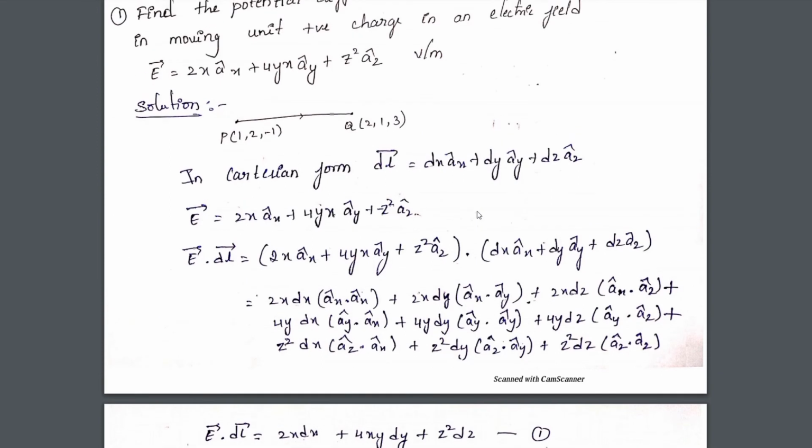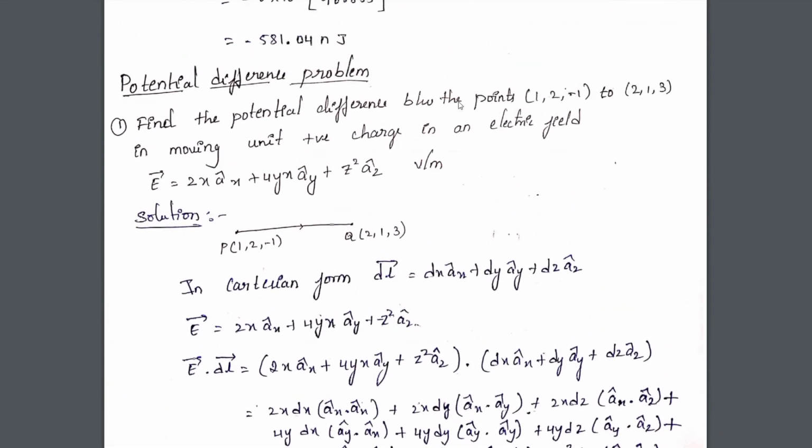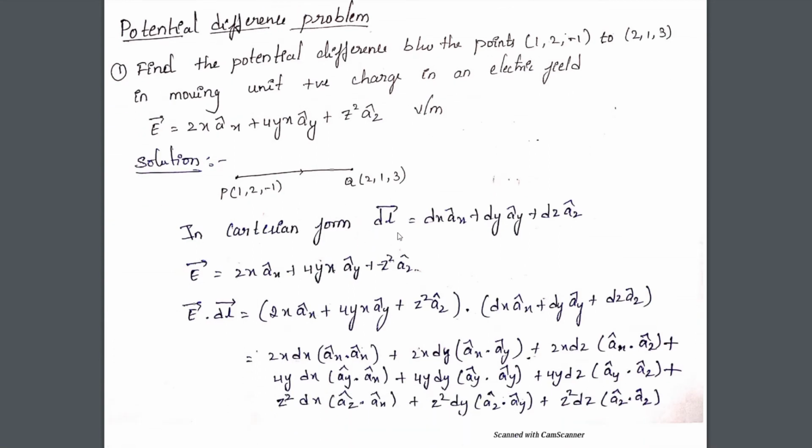Understood? So what is given in the problem here? You need to find the potential difference between the points 1, 2, minus 1 and 2, 2, 1, 3 in moving a unit positive charge in an electric field E. So the first point is taken as P, the second one is taken as Q. First, what you should find in this also: E is in Cartesian, so you write dl in Cartesian. Find the dot product that is given in equation 1.